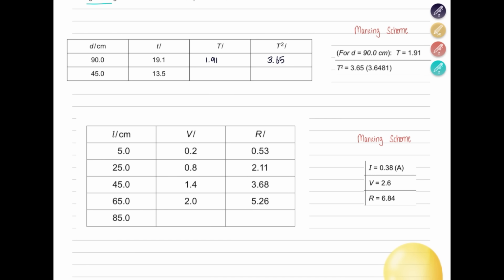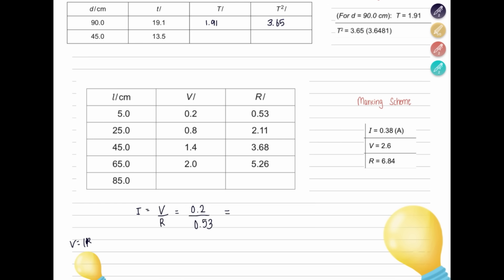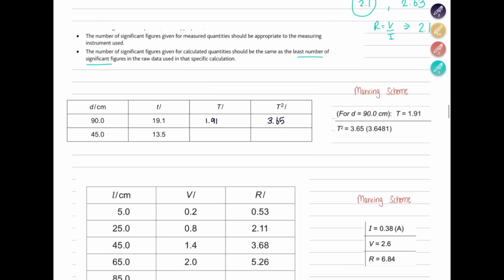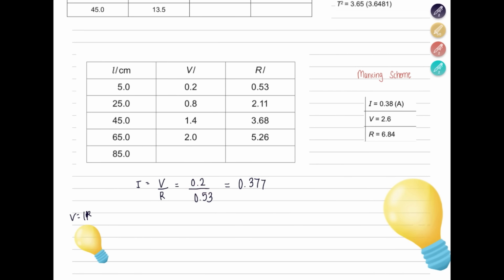Now what about another question? Here you're supposed to find the voltage and resistance. To do that, first let's find out the current. So we got 0.377, but remember, for calculation it should be the same as the least number of significant figures. We'll write our answer as 2 significant figures, so this will be 0.38 ampere as mentioned in the marking scheme.